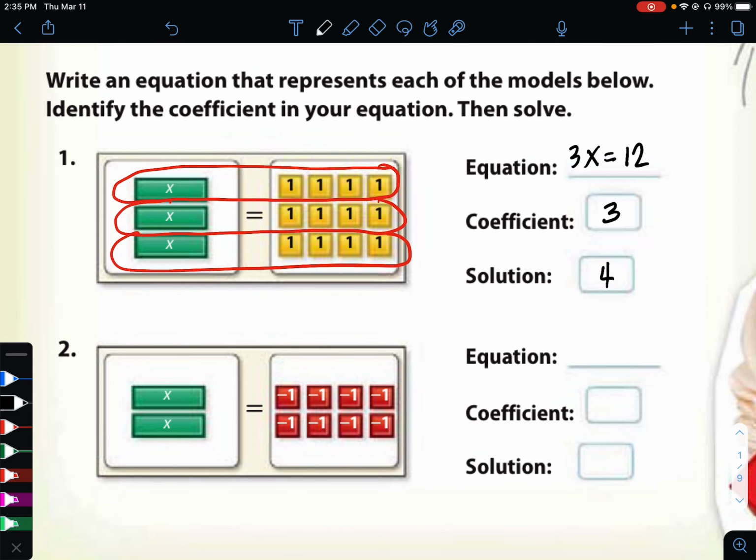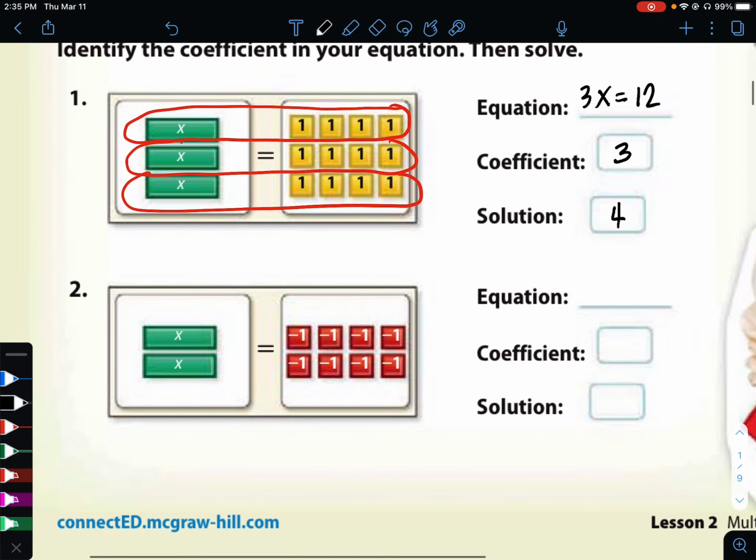Same thing here. Again, you have 2 x's. So that gives us 2x. And you have 8 unit tiles: 1, 2, 3, 4, 5, 6, 7, 8. That means this is 2x equals negative 8.